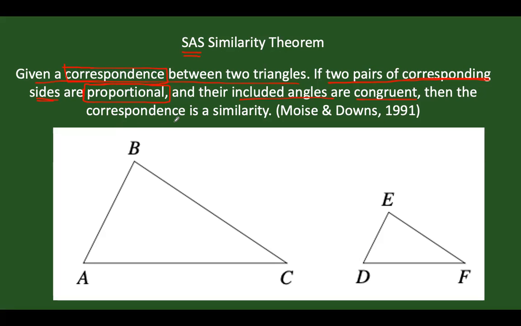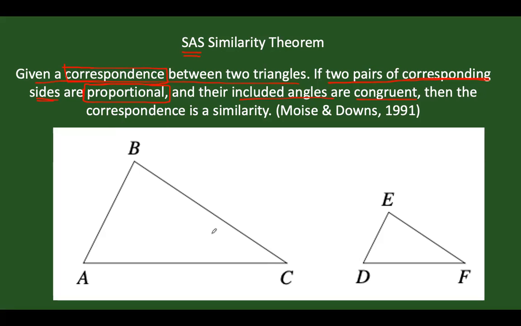So which means once we identify that the two pairs of corresponding sides of both triangles are proportional, which means that the ratios of the corresponding sides are equal, all right, and then their included angles are congruent, then we could say that the two triangles are similar.